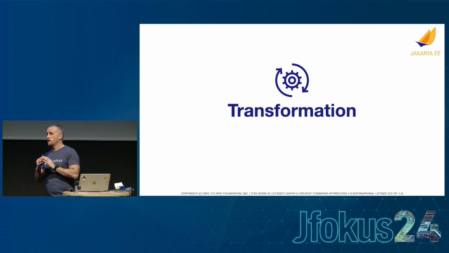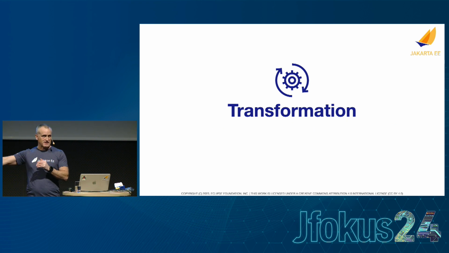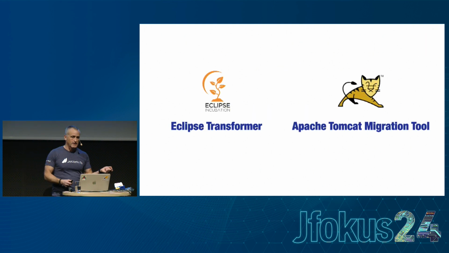So if you have transitive dependencies that you don't have the source code available for, or libraries that haven't moved to the new namespace for you, there is something called transformation. You can use tools like the Eclipse Transformer or the Apache Tomcat migration tool to do the bytecode transformation for you.